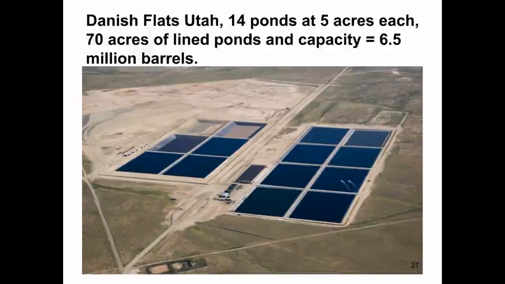Here's a photograph of the Danish Flats project with 14 ponds at about 5 acres each. And you can see that that's a lot of water out there being collected, and this is an evaporation system. This is a total of about 6.5 million barrels of capacity out there in East Utah.